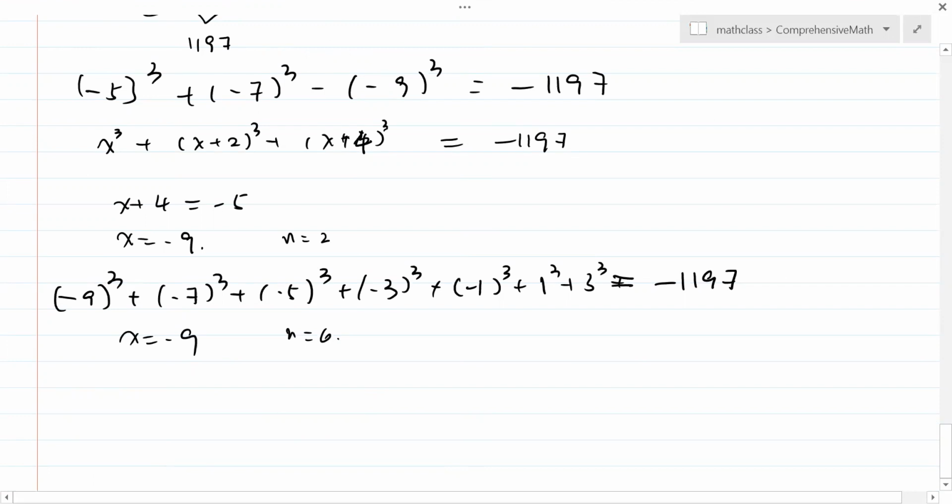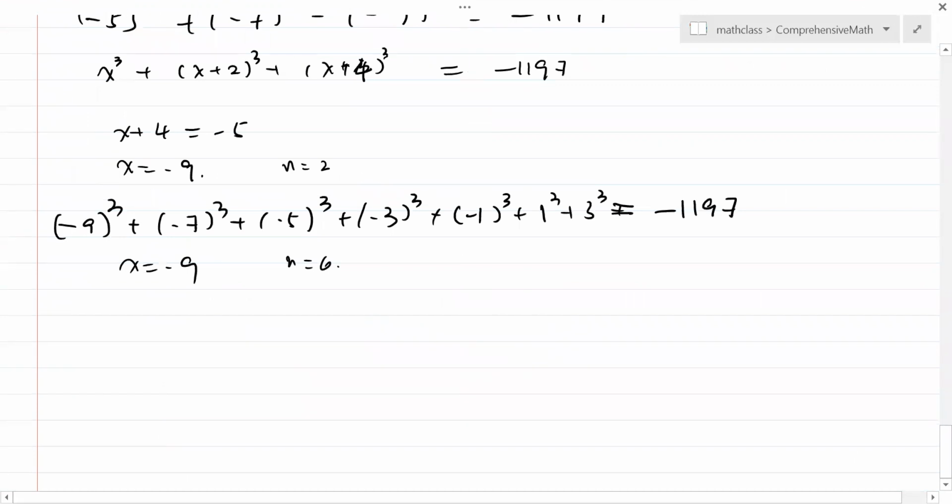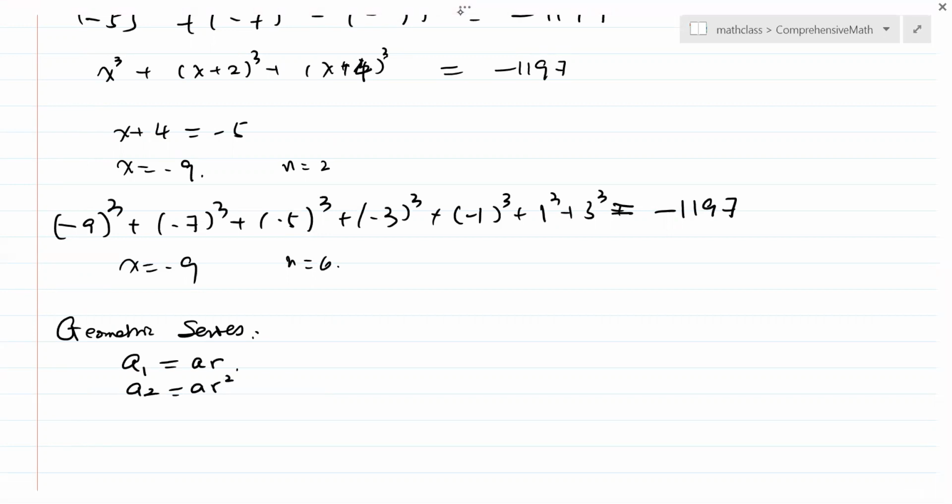So I want to spend a few minutes on the geometric series. Why is it called a geometric series? Because it's coming from geometry. First of all, the first term is a times r. The second term is a times r squared.